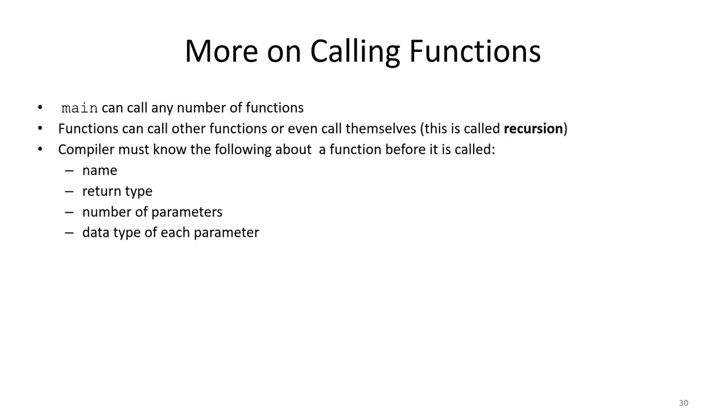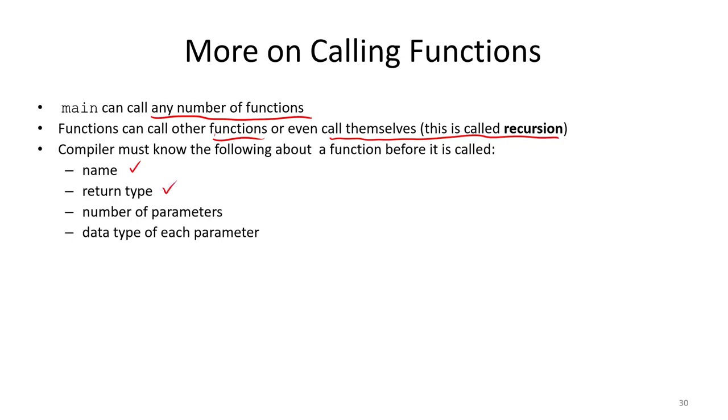A little bit more about calling functions. A main function can call any number of functions, and functions can call other functions. Functions can even call themselves. That's a special thing called recursion. You may learn about recursion in more advanced programming classes.